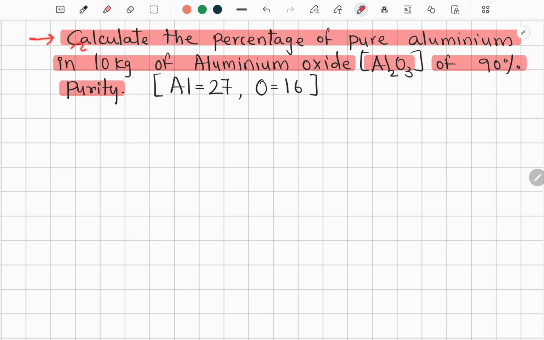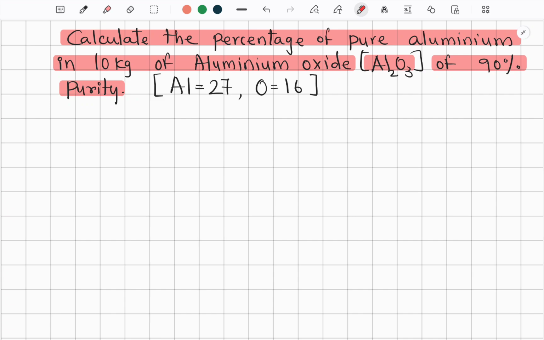So this says to calculate the percentage of pure aluminium in 10 kg of aluminium oxide, and the formula of aluminium oxide is given, which is Al2O3, and this Al2O3 is of 90% purity. That means out of 100%, only 90% is my pure Al2O3 and the rest 10% is impurity.